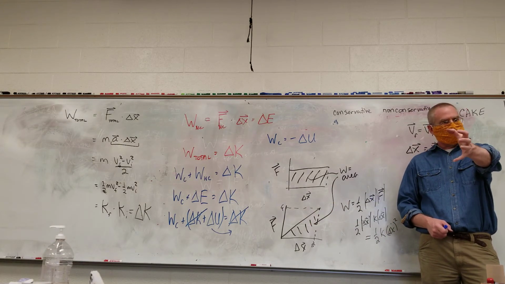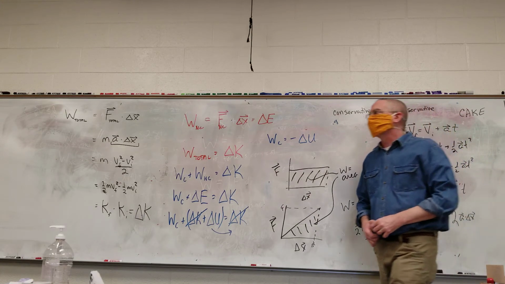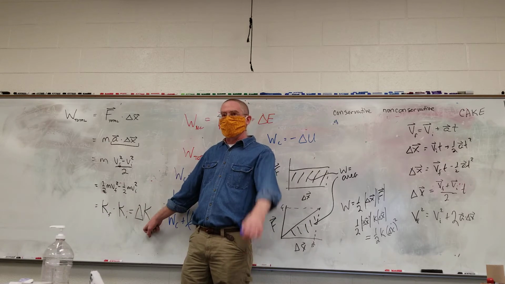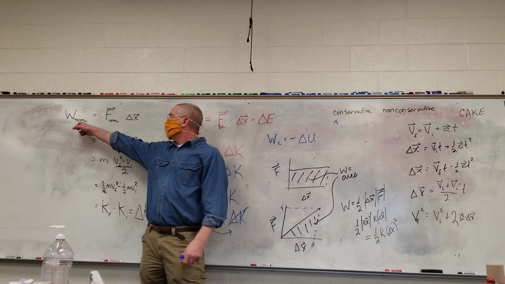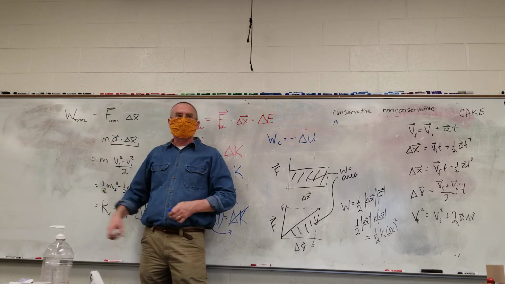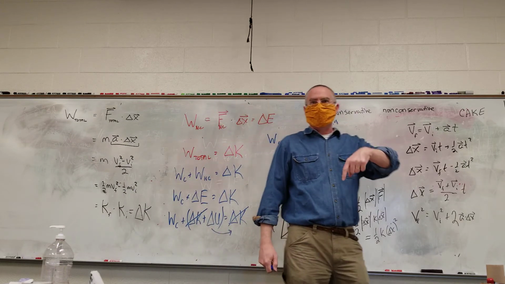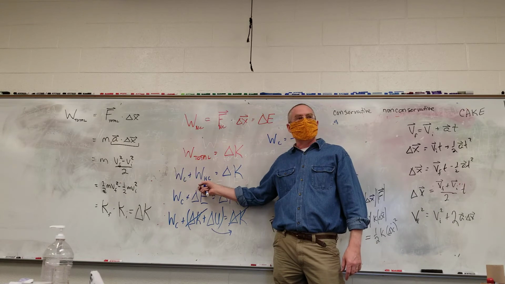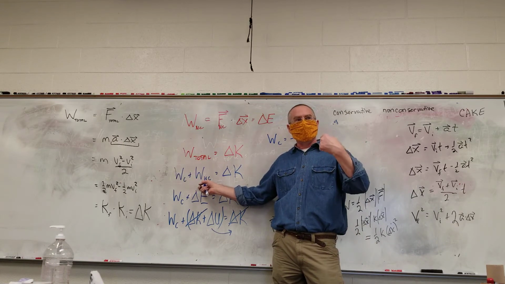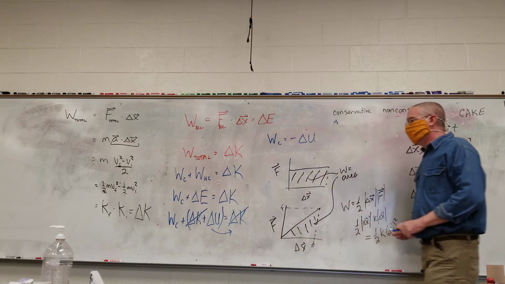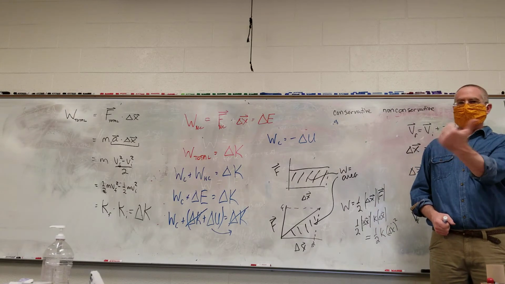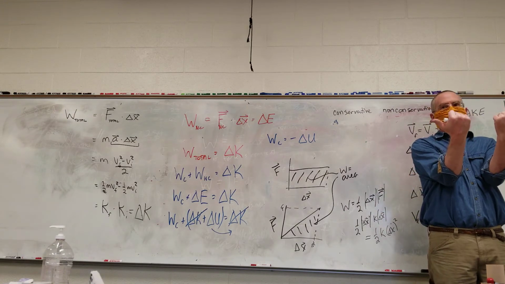I'm just pulling it at a constant speed. So since my change in kinetic energy is 0, the total work is 0, which means the conservative work being done by the spring has to match the non-conservative work being done by me. So as I stretch it out, the conservative work is negative because I'm pulling it this way, but the spring is pulling it that way, in opposite directions.